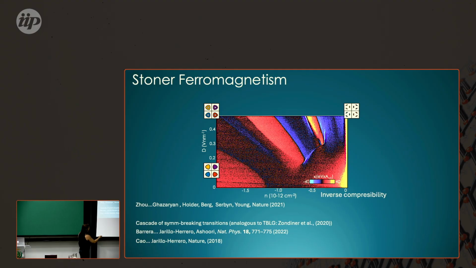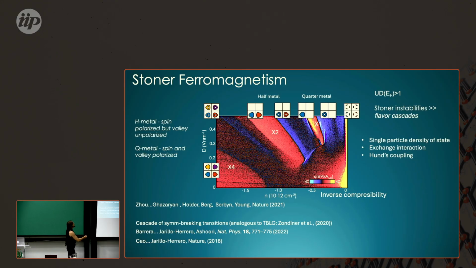However, in between we see the symmetry-broken phases, similar to what was observed in twisted bilayer graphene, a cascade of symmetry-broken phases. Here is the half-metallic phase where the spin is polarized and the valley is unpolarized. We get it with the simple Fermi surface and with the annulus, and then the quarter metal where both spin and valley are polarized.